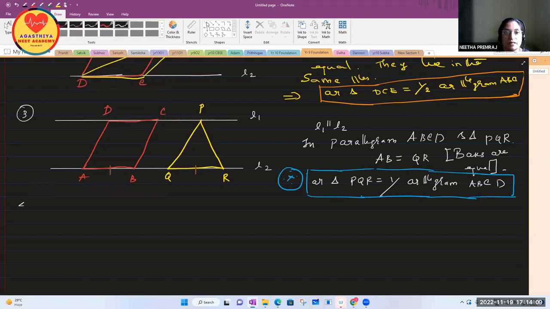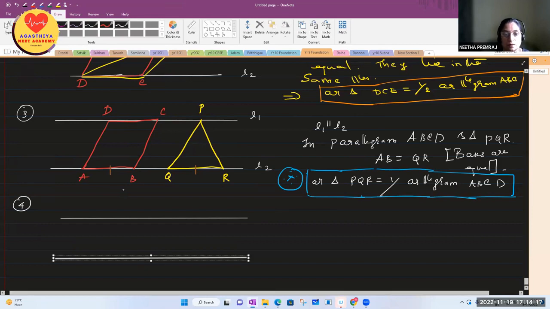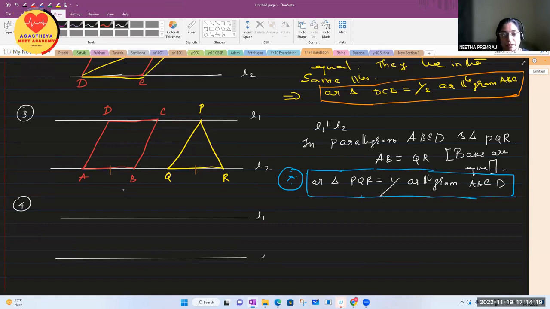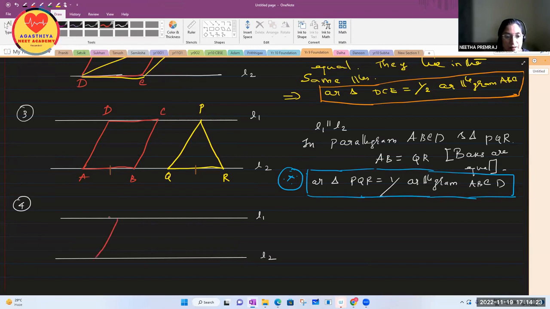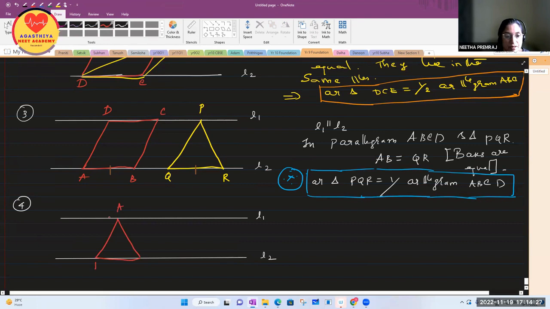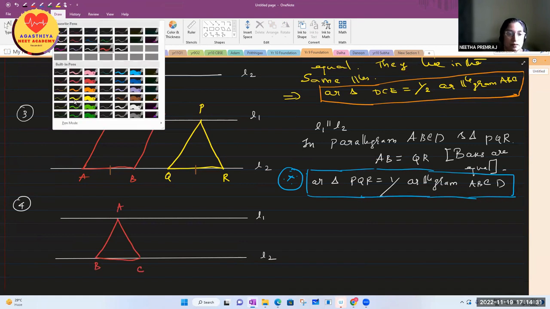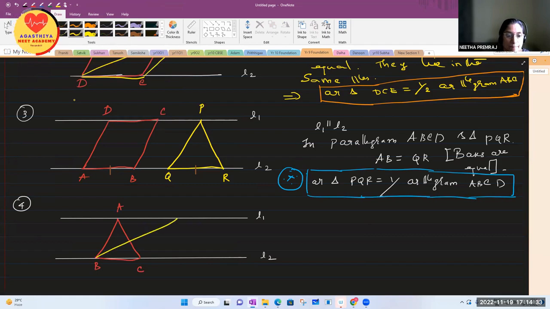Fourth concept. There are two parallel lines. L1 is parallel to L2, and there is a triangle ABC, and there is another triangle PBC. Okay.